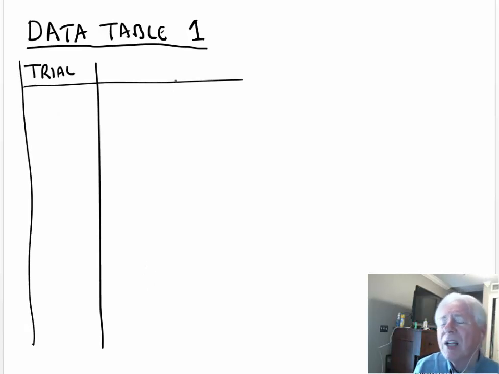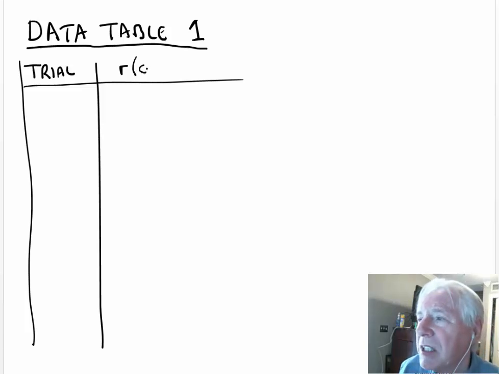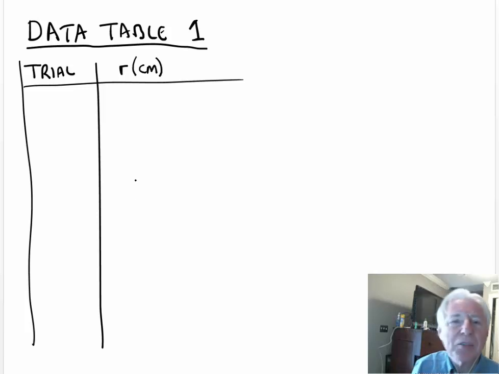Well, I suppose the first thing I'm going to do is set a value of R. And I'm a big believer in you write down what you see. If R is in centimeters, write it down in centimeters.